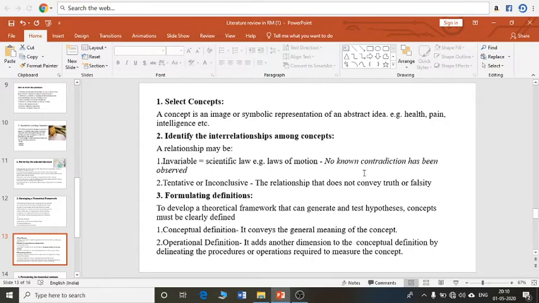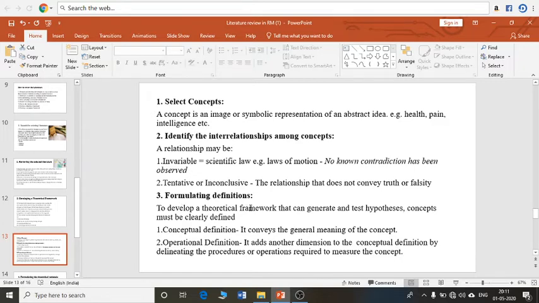Contradiction is a situation or ideas in opposition to one another. This is one type of relationship we have to identify. Then tentative or inconclusive, which is unproven, so the relationship doesn't convey any truth or falsity. This type of relationship we need to identify as well.